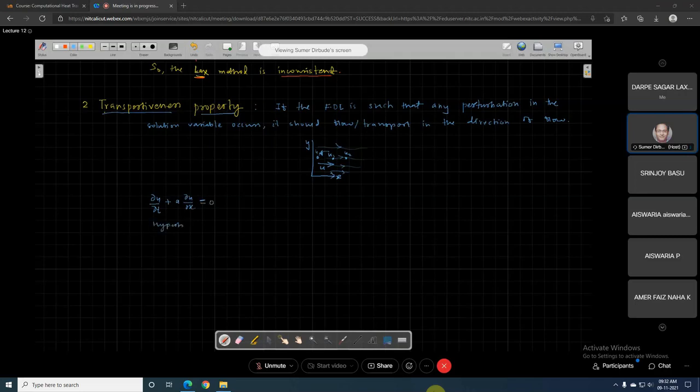The meaning of hyperbolic is that you have one characteristic, and a greater than 0 means you have a right running characteristic. Okay, so with this information, we'll proceed.